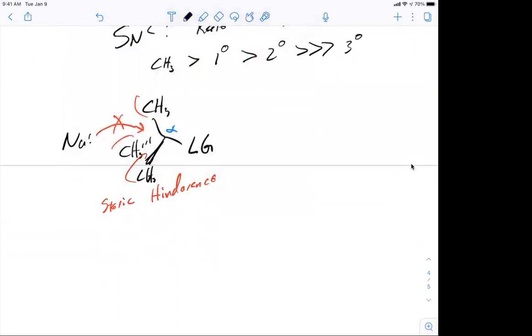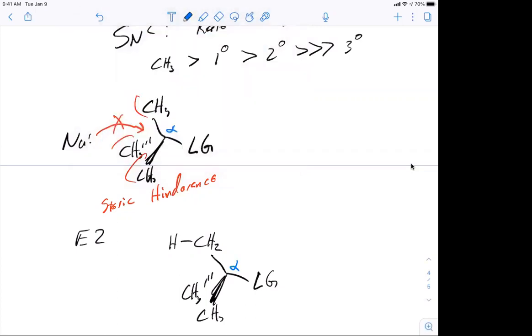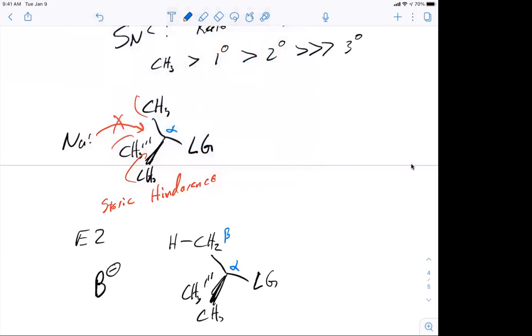When we look at the substrates for elimination, you're still going to have a leaving group, and the alpha position is still going to be tertiary, but it's not that position that's important in elimination, because when we bring our base in, our base is not reacting with the alpha position, it's acting at the beta position. So the sterics here is not around the alpha position, it's around the beta position.